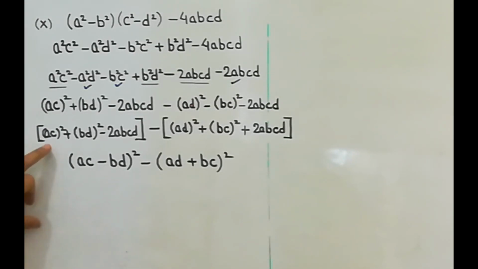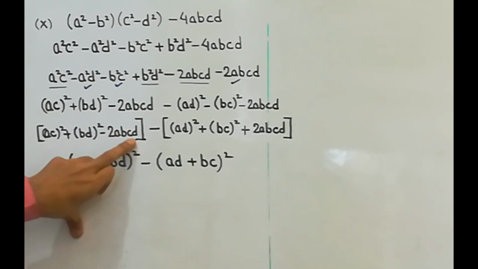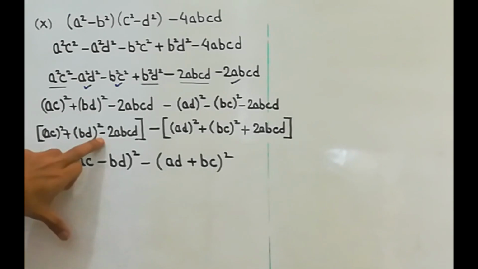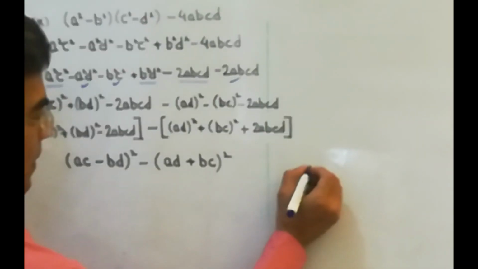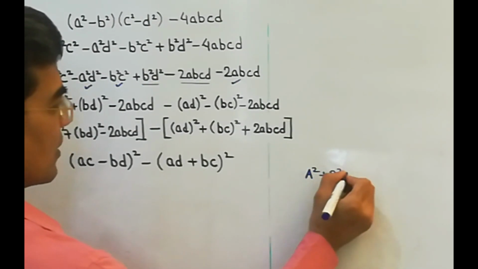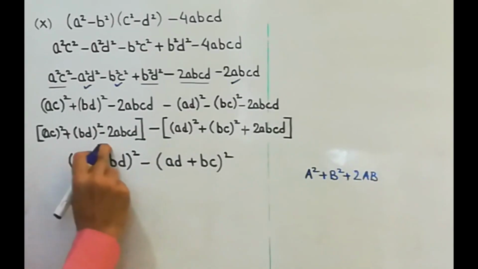See this? You consider this as A square, this as B square, and this product as 2AB. So you know the formula, right? A square plus B square minus 2AB. What does this give? A square plus B square plus 2AB. Isn't it in this form?